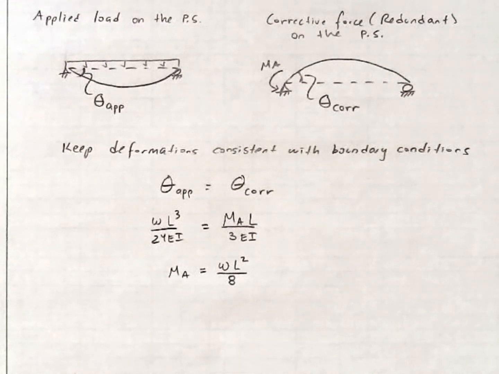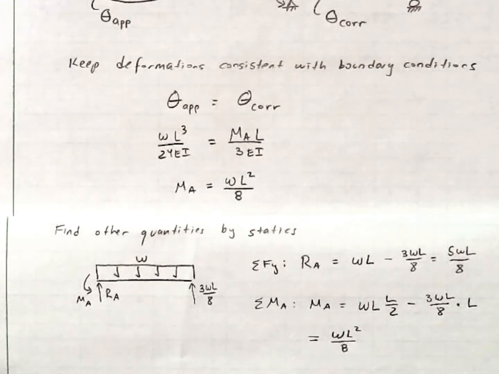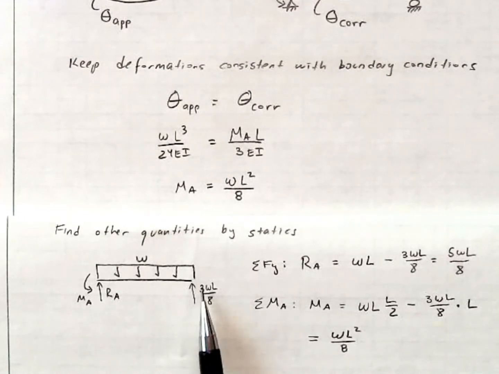At this point, we just need to solve the other quantities by statics, so I'll actually bring the work that we did on the previous problem simply to illustrate what we should do, but we won't spend much time on this. In the previous problem, we first started out by finding this force here, and eventually found, through statics, that the moment was WL squared over 8.